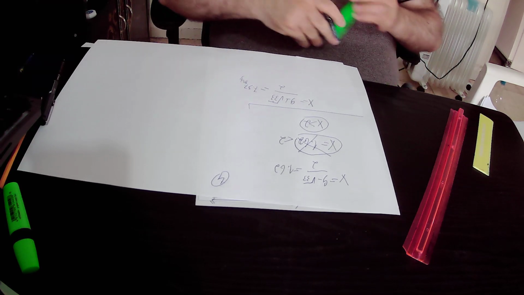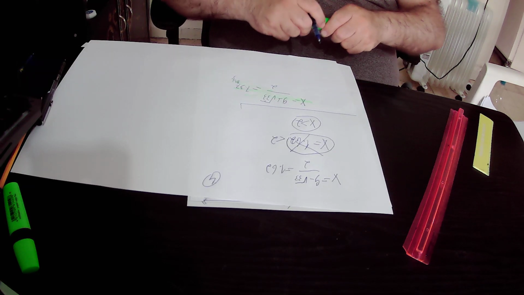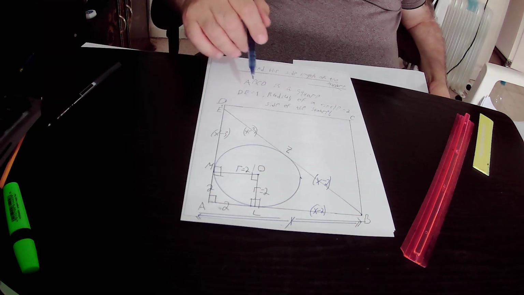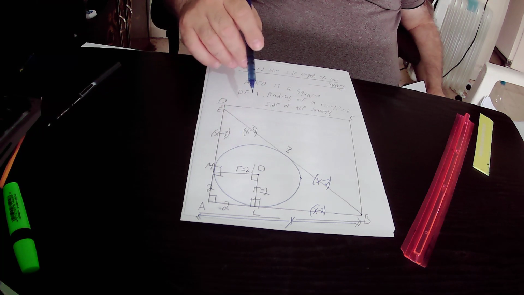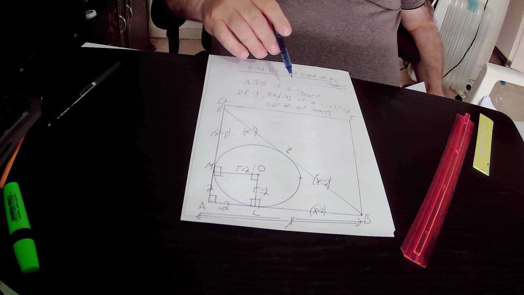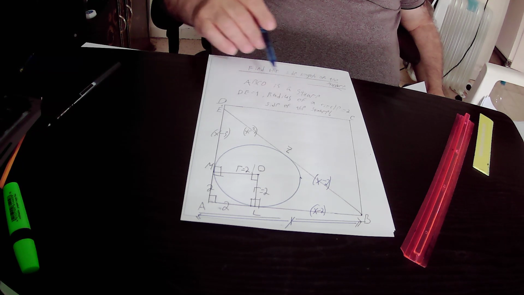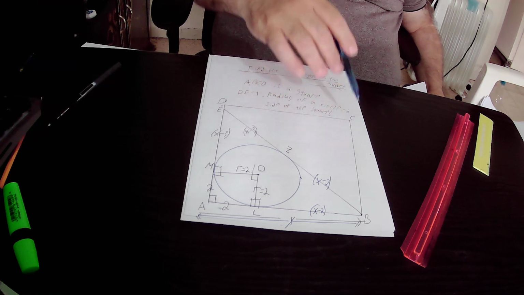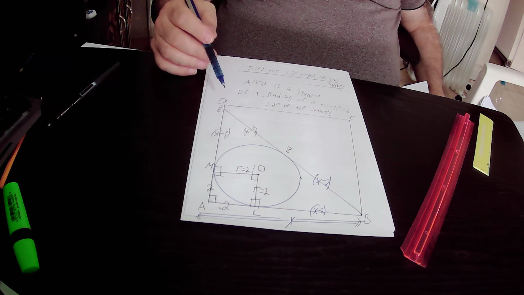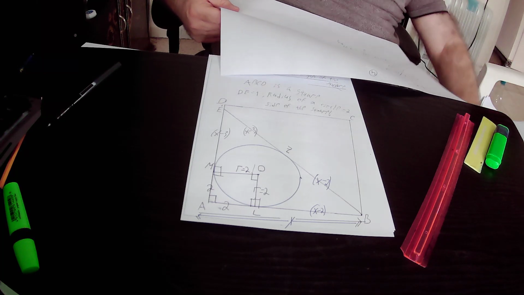So the answer to the question is that the side length of square ABCD equals 7.37 units, or we can represent it as 9 plus square root of 33 over 2 units. AB equals BC equals CD equals AD equals x, that is equal to 7.37 units. So we finished with the first method, with the first question.